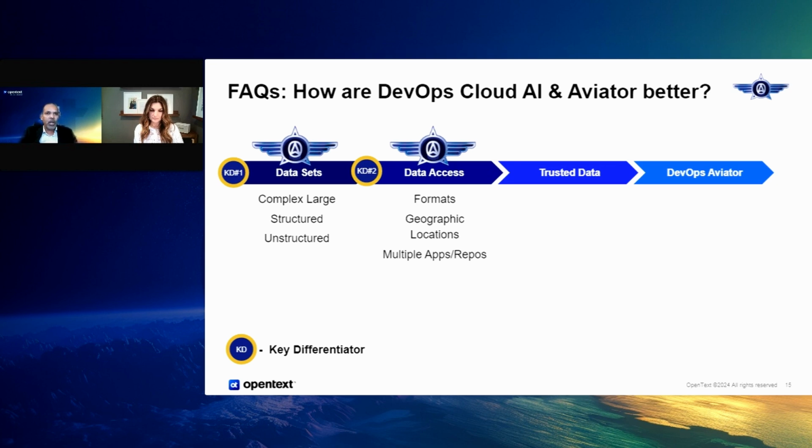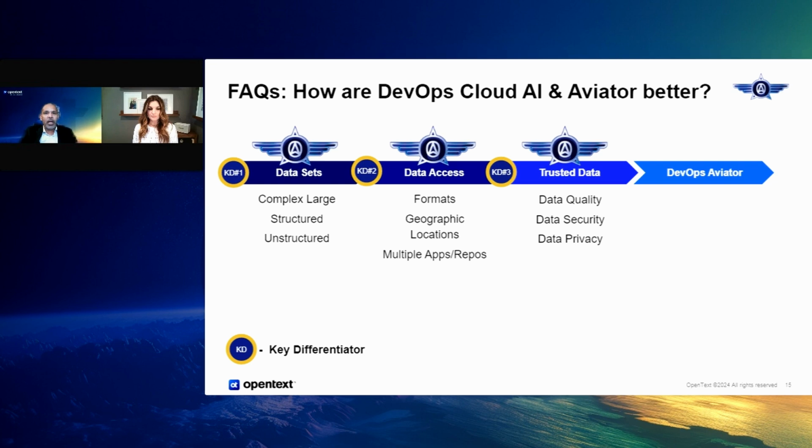That is also possible. There's another key differentiator from DevOps Aviator. Once I have the data available, what about the trusted data, right? I want to make sure that the quality, security, and privacy are in place. Let me give an example about data privacy. Let us imagine that I'm a contractor working for a large corporation who has to go through regulations or compliance requirements.